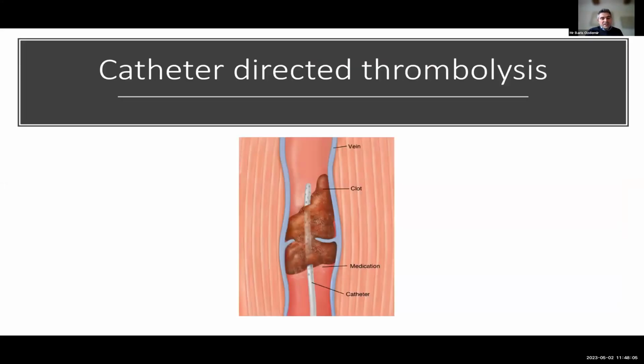Catheter-directed thrombolysis is the introduction of a multi-side hole catheter into thrombus directly using radiologically guided access, typically from the popliteal vein behind the knee. And these catheters are special. They have a valve at the tip so that thrombolytics are bolused, then infused into the thrombus to try to effectively melt the thrombus away.